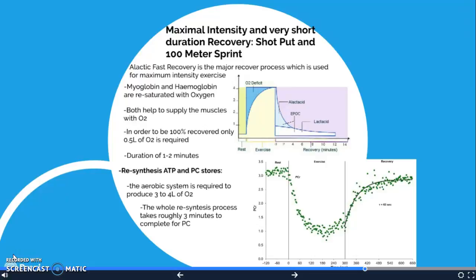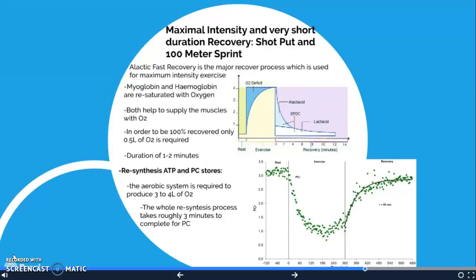And their recovery will be a lot based around the alactic fast recovery, mainly because they haven't built up massive amounts of lactic acid that require ages to get rid of. So this is more about ensuring that the myoglobin is resynthesized and ready to go, and the muscles can continue to be supplied with oxygen.